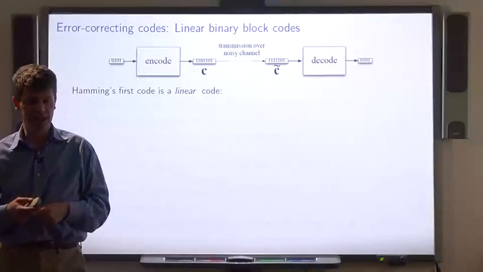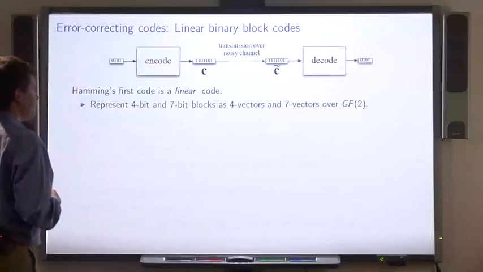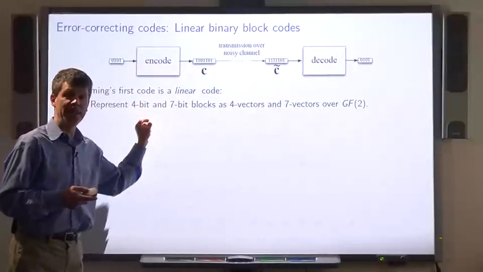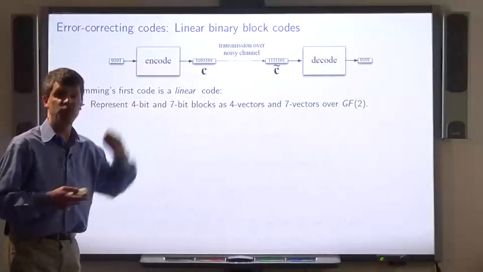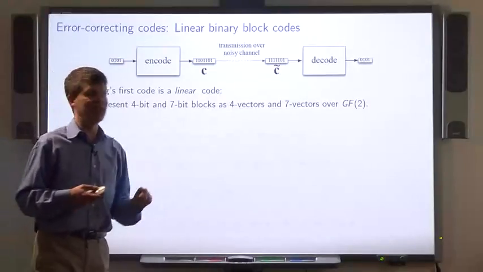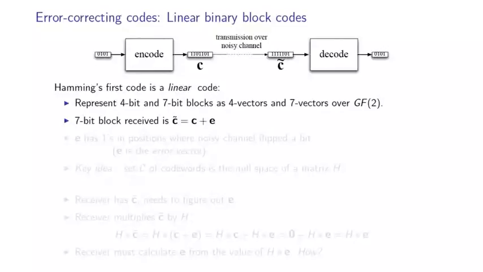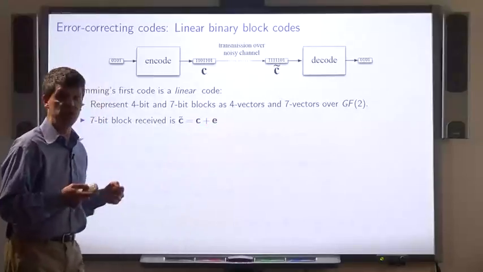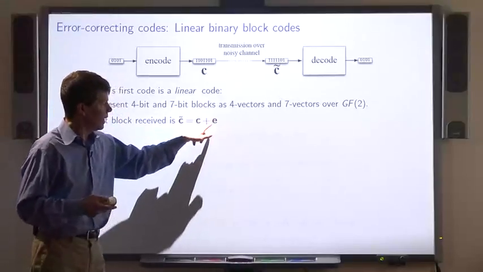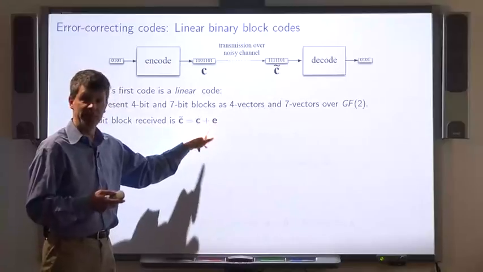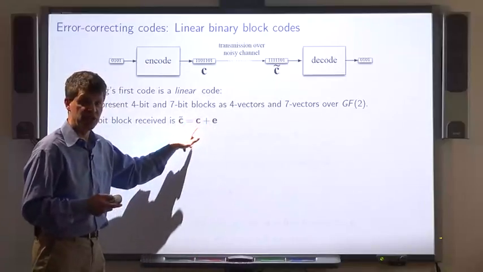Now, Hamming's code was a linear code, and what that means is we represent the 4-bit and 7-bit blocks as 4-vectors and 7-vectors over GF2. We can write the 7-bit block that was received, C tilde, as C plus E. E is the error vector. Since we're using GF2, E has 1s precisely in the positions where C tilde differs from C.